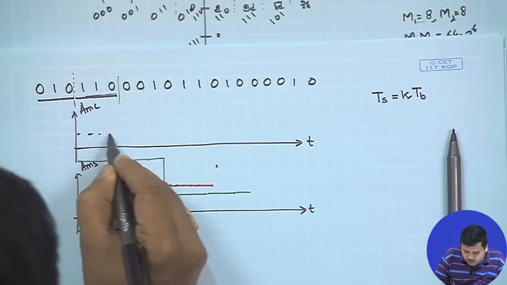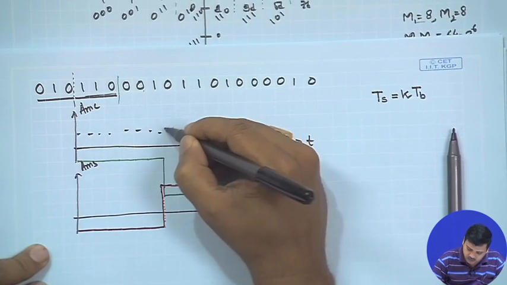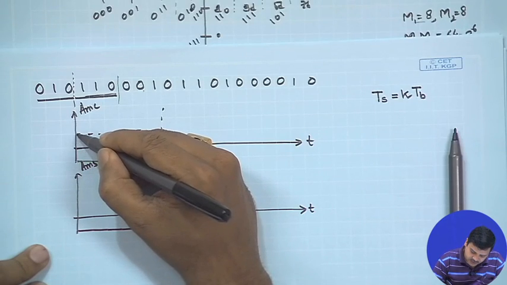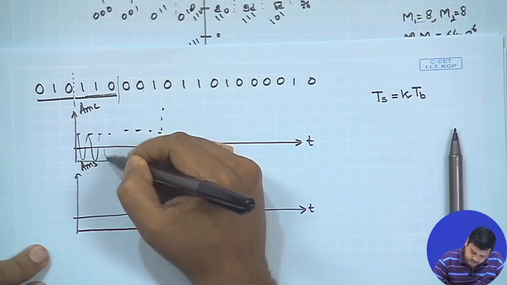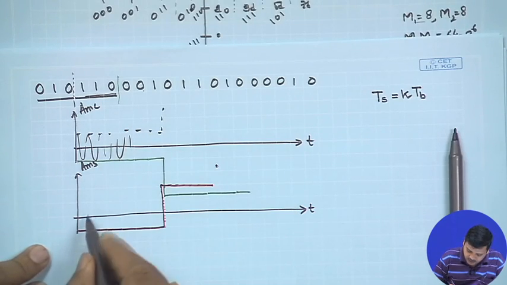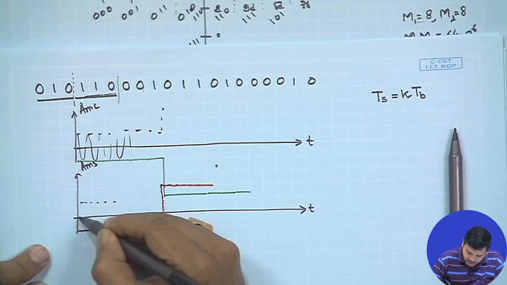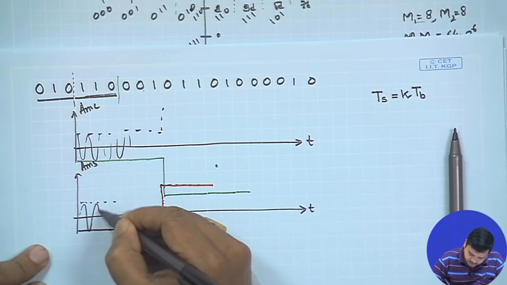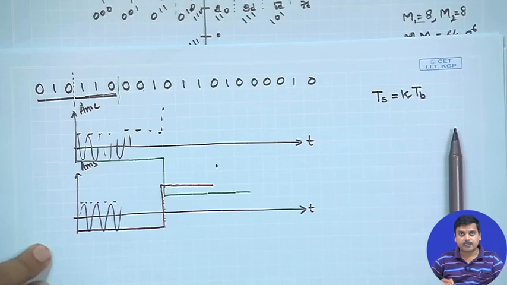so you will be getting a cosine wave, and here you will be getting a sine wave of the same frequency, right, and when they are mixed together is what will be generated at the output.